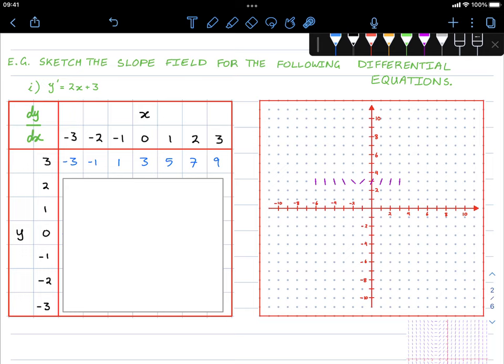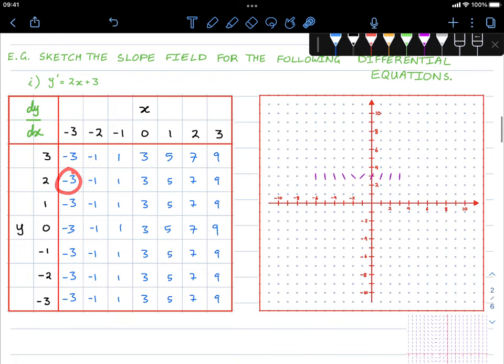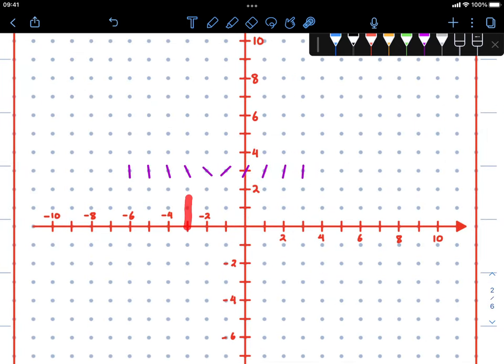But because there's no y value at all to substitute in the differential equation, we just assume that every other row is the exact same. So these derivatives would be the exact same at, for example, -3, 2, which has a gradient of -3. So at -3, 2, the gradient drawn here must be the exact same as this one.